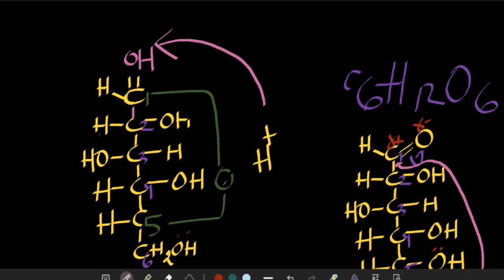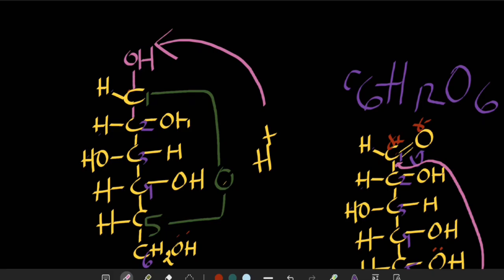So now if I count the bonds of carbon, it has 1 bond, 2, 3, 4 and 5. Do you think that carbon will be able to maintain 5 bonds? No, right? It's gonna make only 4 bonds. So this bond will break, and then only one bond will be present.